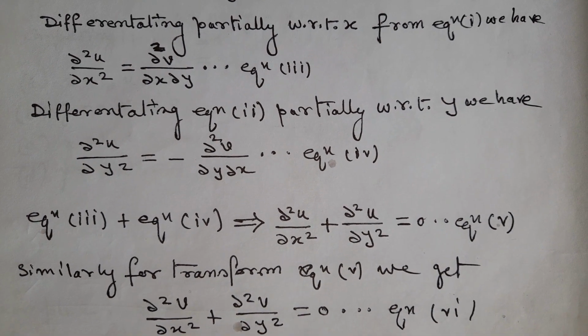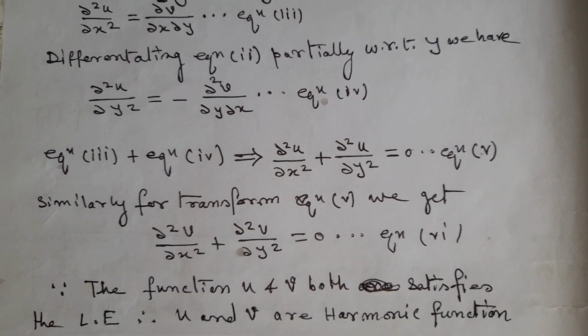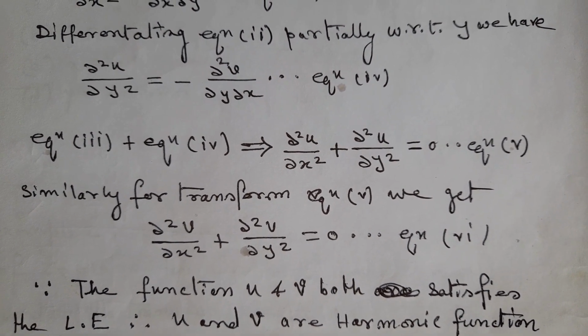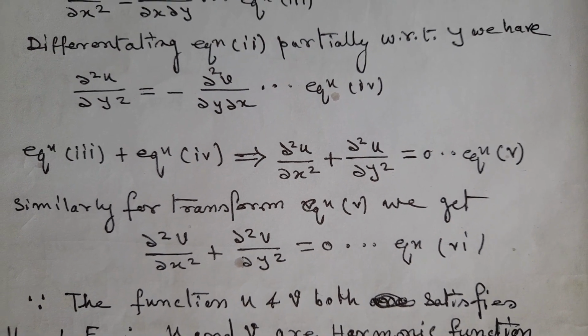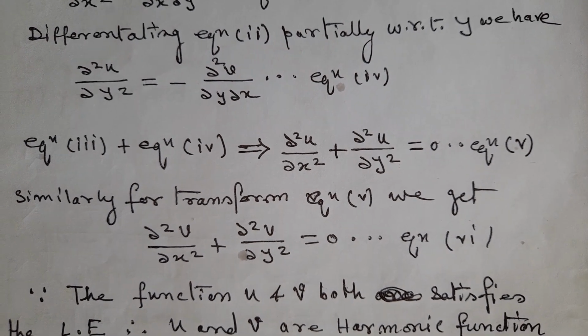We name this equation number 5. Similarly, we get del square v del x square plus del square v del y square equal to 0, and name it equation number 6.